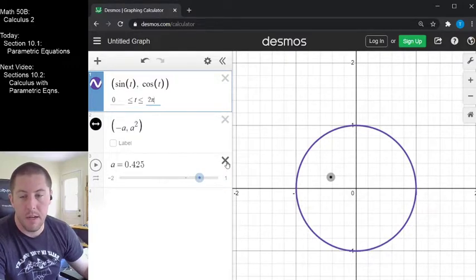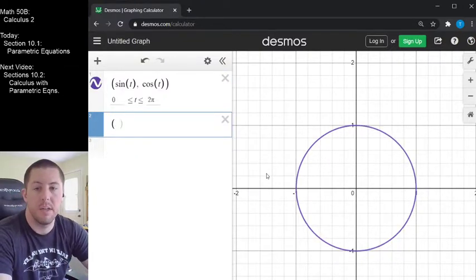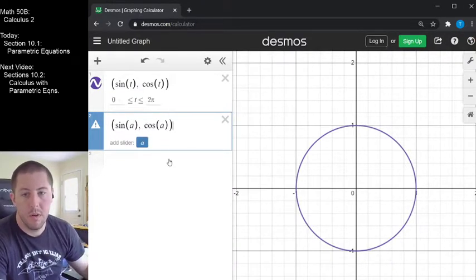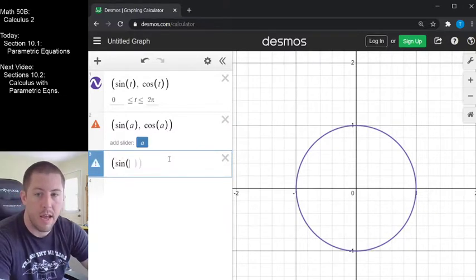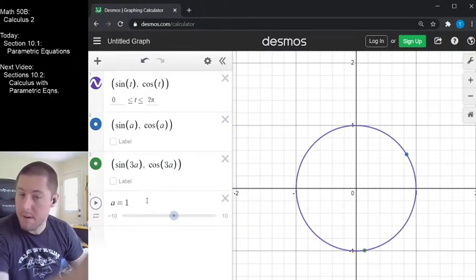Okay, so what we're going to do here is we're going to do sine of A and cosine of A. I also want to do sine of 3A, cosine of 3A. Let's go ahead and add this slider for A here.